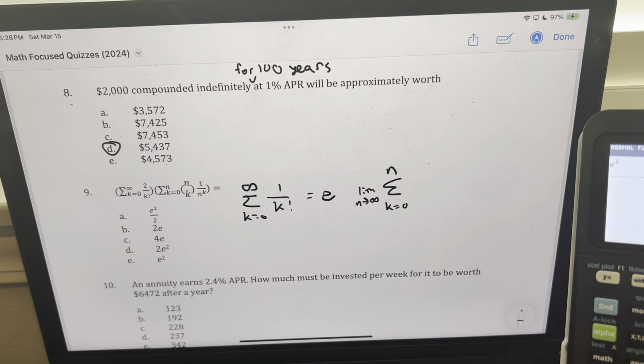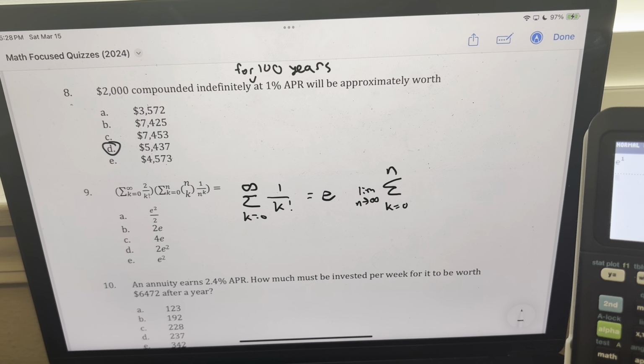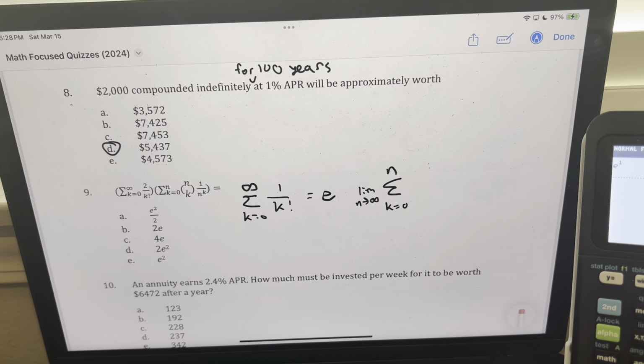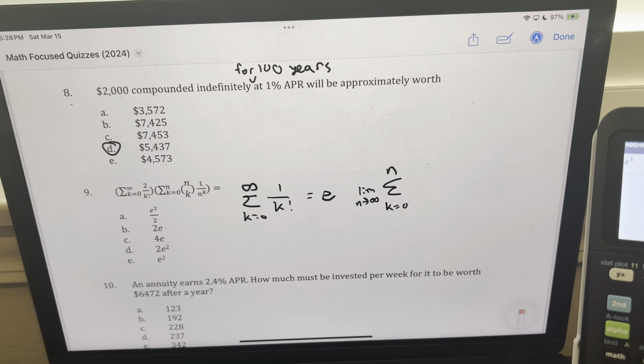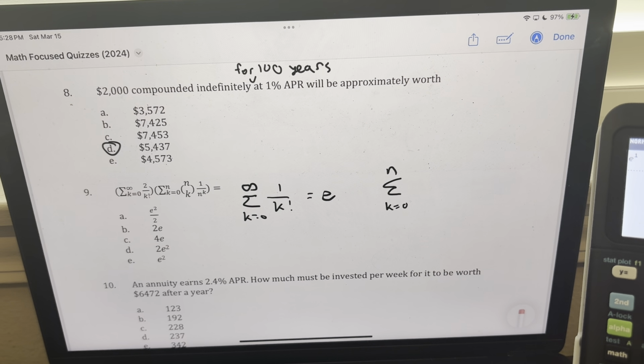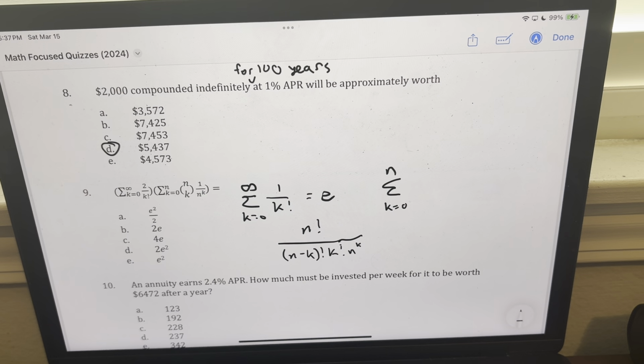So, or when k, wait a minute. One moment. Okay, so this is just a difference of the binomial expansion theorem.